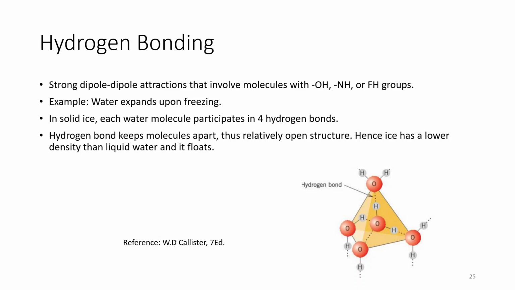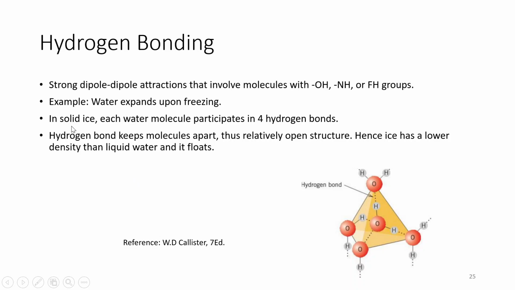Next, you have hydrogen bonding. It is strong dipole-dipole attraction that involves molecules with OH, NH, and FH groups. An example is water. In the case of water, it expands upon freezing. When you freeze water, there will be formation of hydrogen bonds, so this will lead to some space between two molecules, leading to expansion.